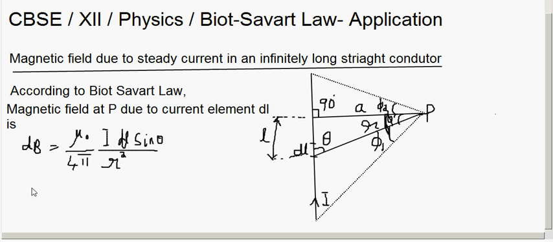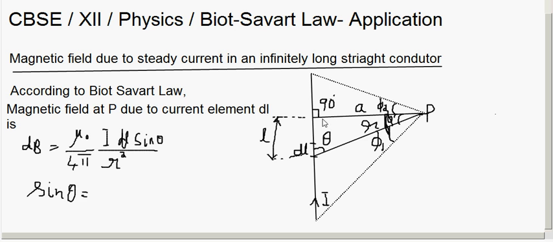Now sin theta, from the figure we can write. Sin theta is opposite side divided by hypotenuse. Angle theta is here.